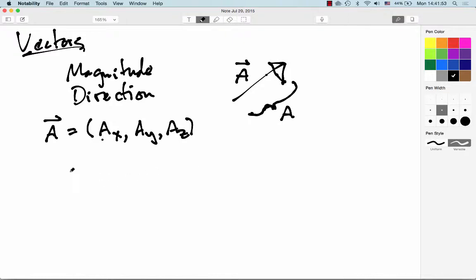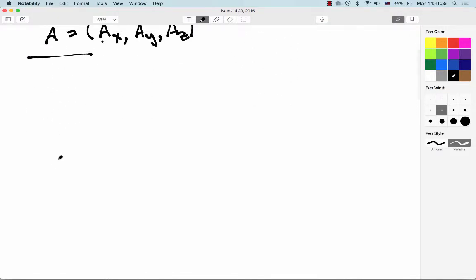Now, when we're testing for equality of vectors, if we want our vector A to be equal to our vector B, there's two ways we can do it.